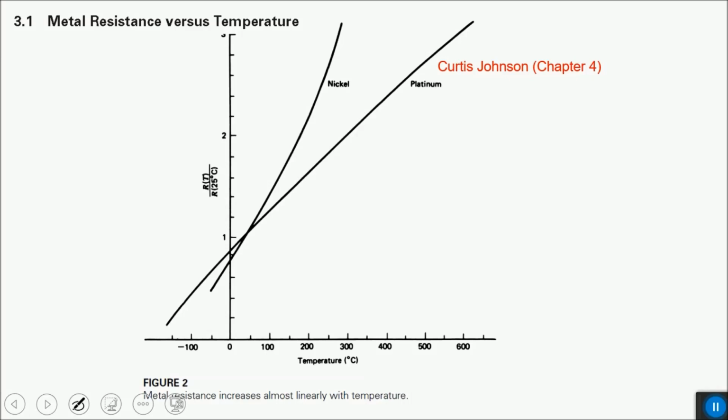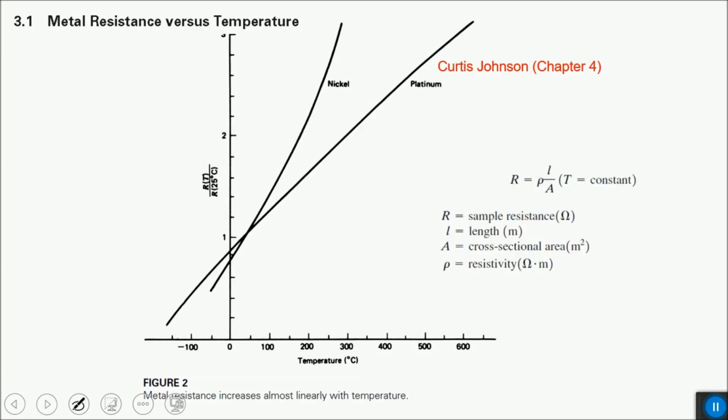The resistive temperature detectors are the simplest and most widely used temperature detectors, and they work on the basic working principle that the resistance of a metal rises with increase in temperature. We know that the resistance of a metal piece is equal to rho L over A at a constant temperature.